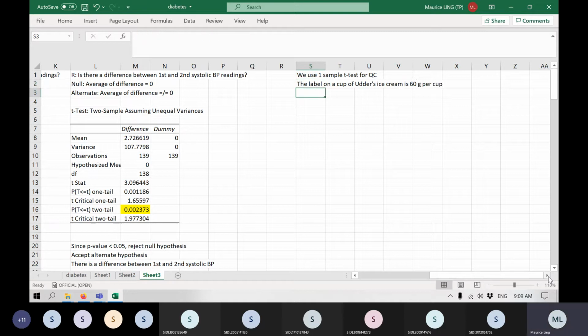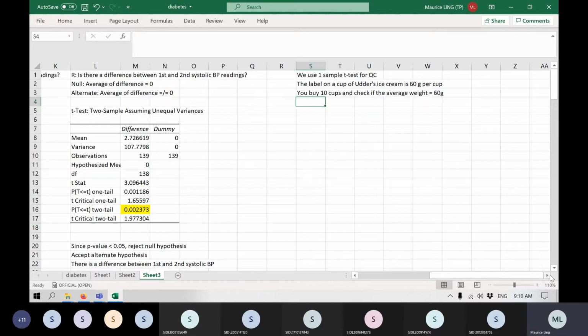You want to check whether this is true, so you buy, let's say, 10 cups and check if the average weight equals 60 grams. This is how you do a one sample t-test.